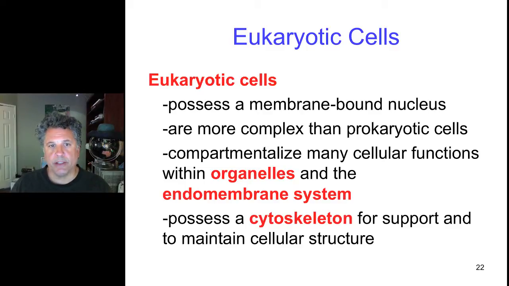Also to provide changes in cell shape and to drive the separation of chromosomes in the process of mitosis, as we will see. And the cytoskeleton, as we'll see, has three major components. It has actin microfilaments, tubulin microtubules, and a class of cytoskeletal proteins called intermediate filaments that we'll be talking about.